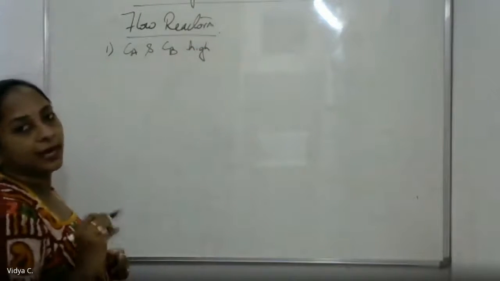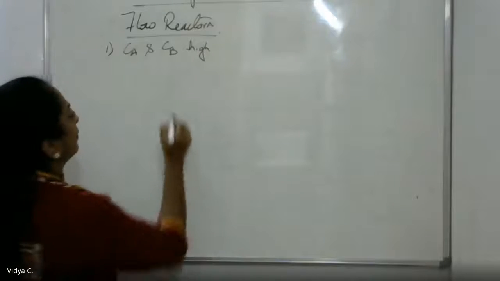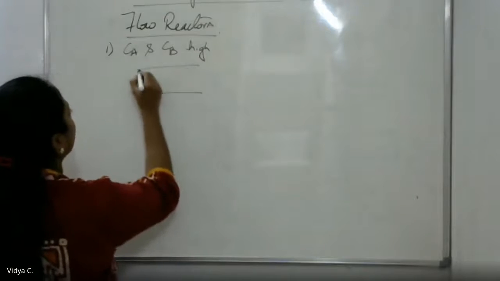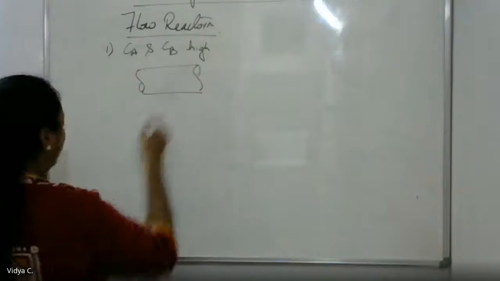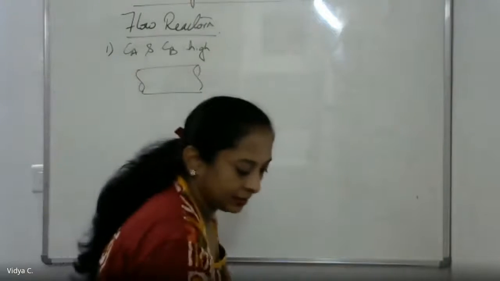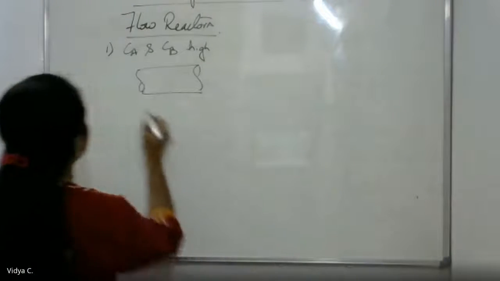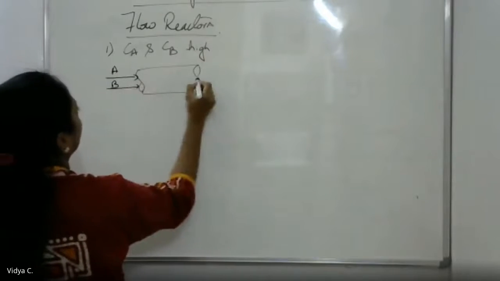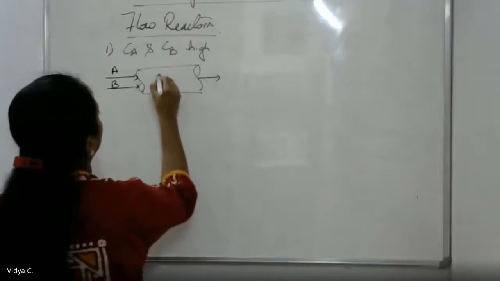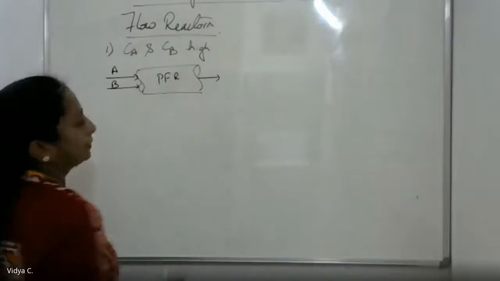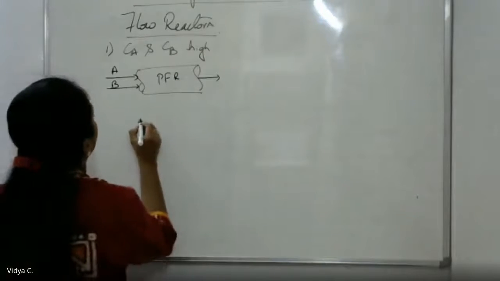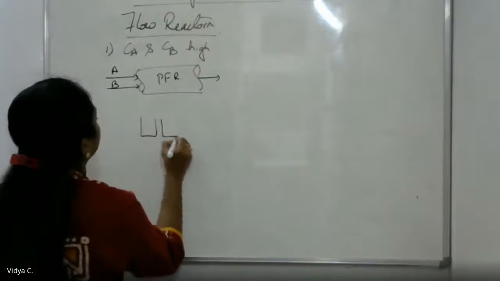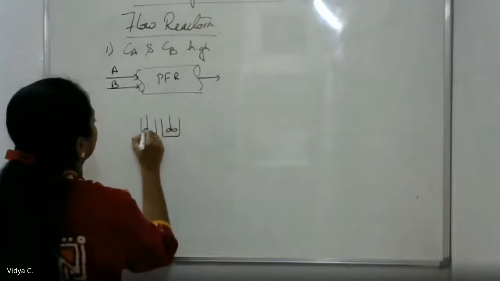If I want high, then both should be in plug flow mode. So I'll show you a plug flow reactor, with A and B both in parallel form. Or else the other way is connecting n CSTRs in series.